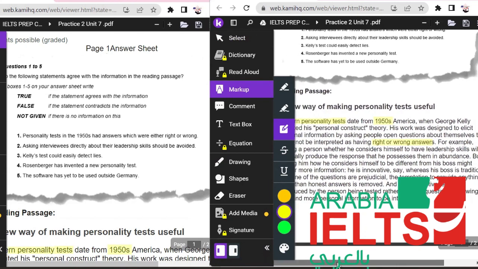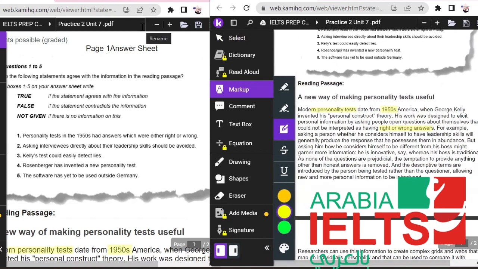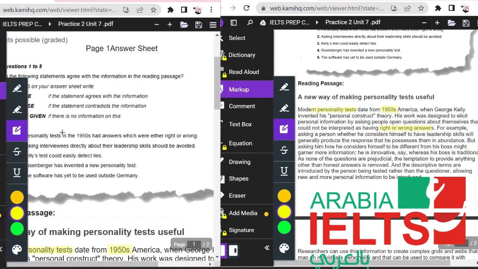If we go to our text, it says personality tests in the 1950s had answers which were either... those are the words, the quantifiers and tricky words that I told you about. So either right or wrong.